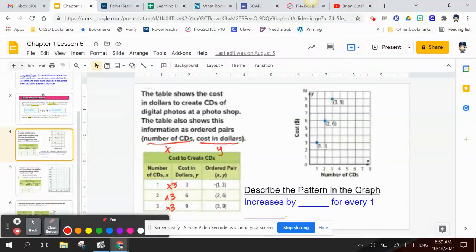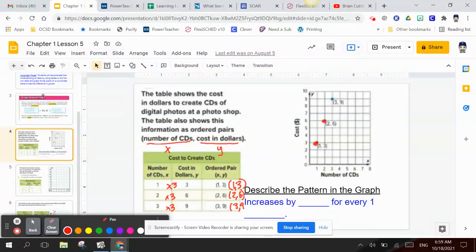So to graph this, I use my ordered pairs of 1, 3. I start at 0, I go over to 1, up 3. Next one is 2, 6. I start at 0, I go over 2 to the right and 6 up. And the last one is 3, 9.